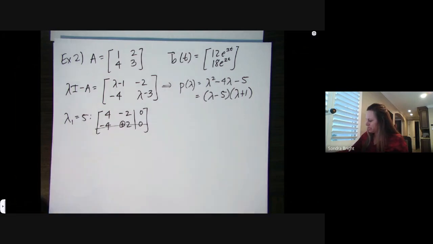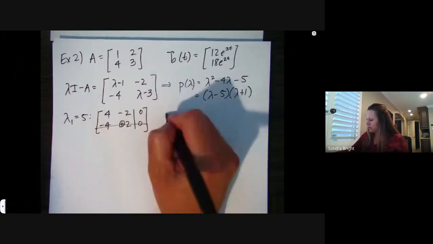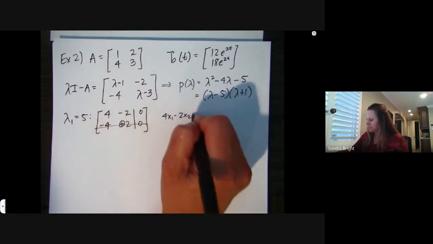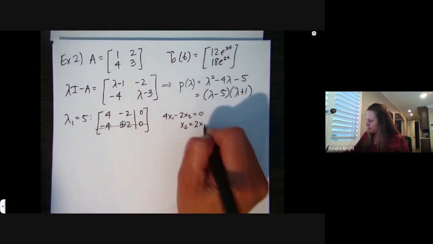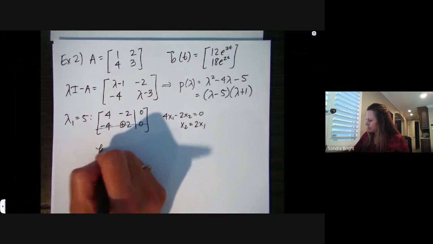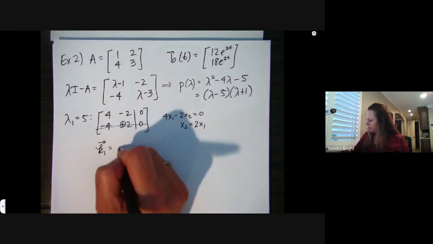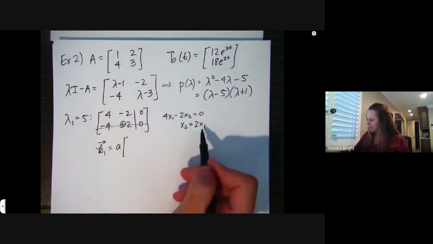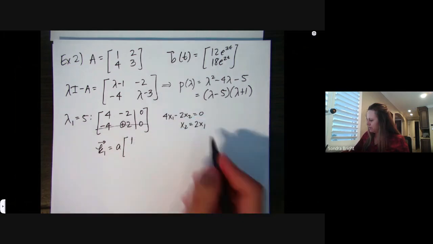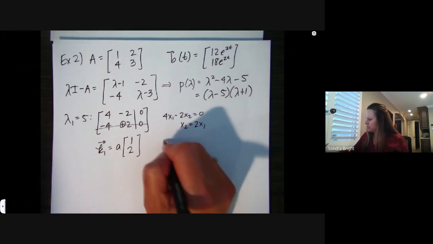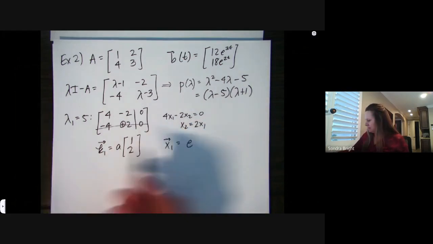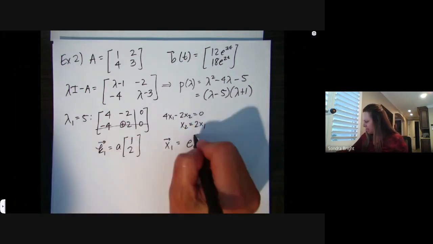Okay, so the first row says 4x1 minus 2x2 is 0, which means x2 is equal to 2 times x1. And so your first eigenvector would be, if I let x1 be a, then x2 would be 2 times a. And so your first solution is e to the lambda t times its eigenvector.